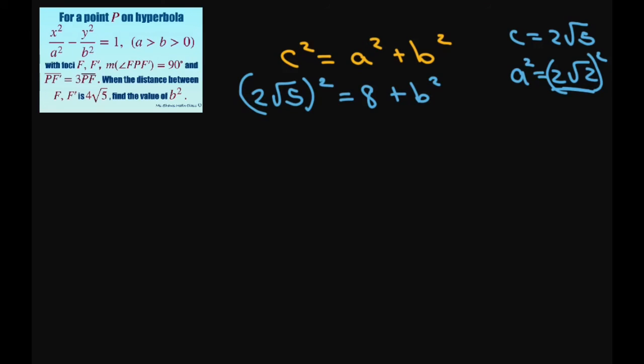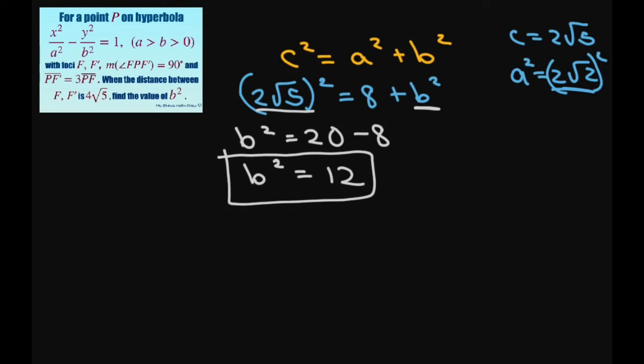All right, so therefore we're going to get B squared equals 20 minus 8. So B squared equals 12. And that's what we were looking for.